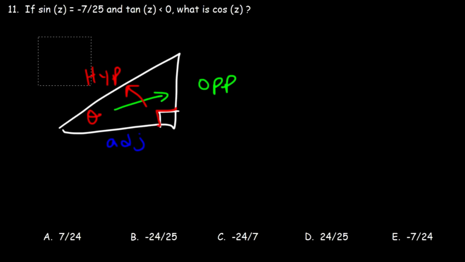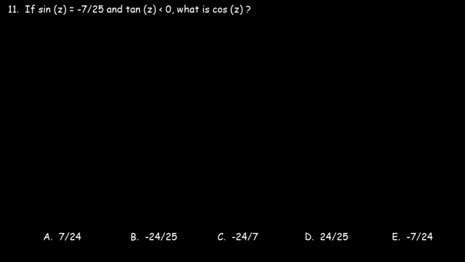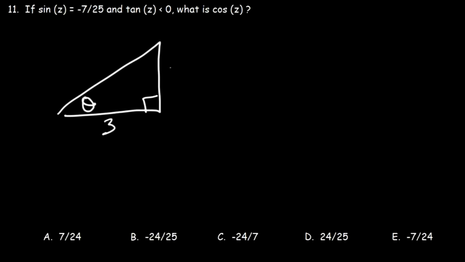Now let's say we have the 3, 4, 5 right triangle. Let's say this side is 3, this is 4, and that's 5. What is sine theta? And what is cosine and also tangent?